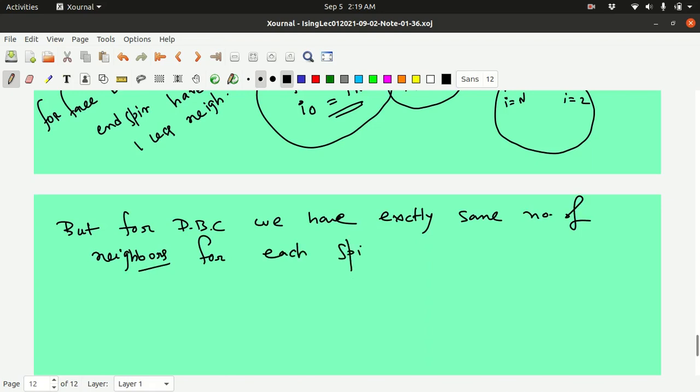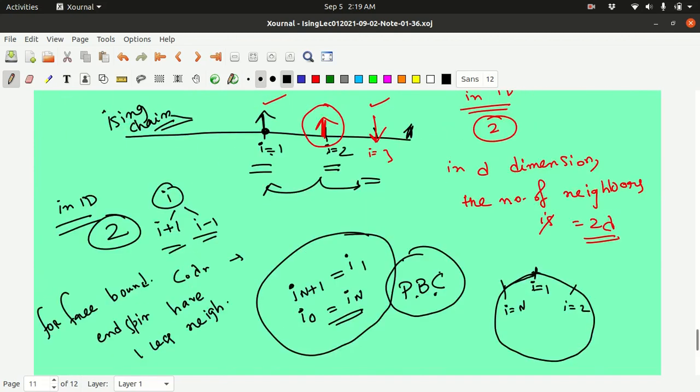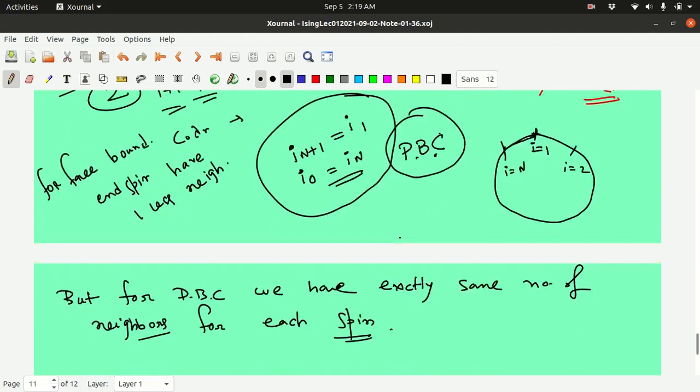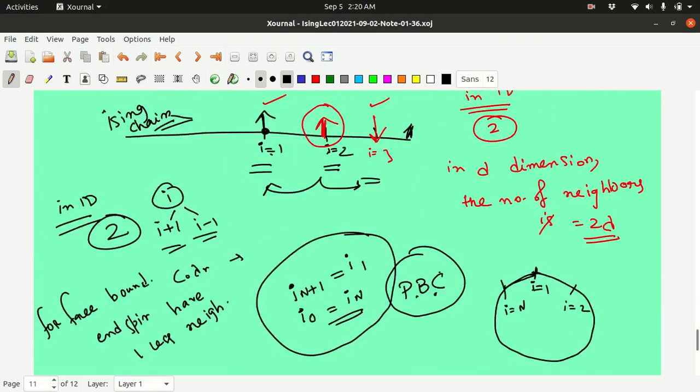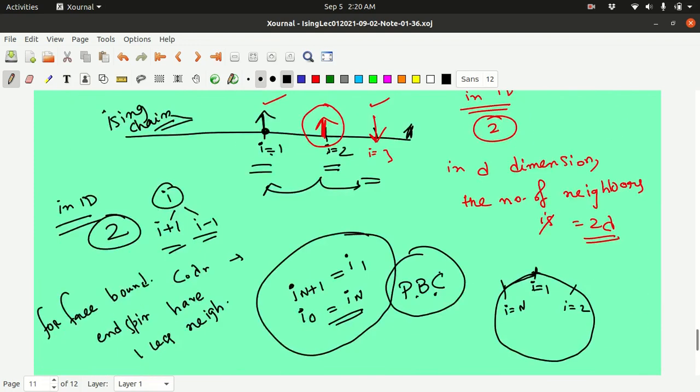So that is basically the difference. You have the same number of neighbors for all the spins in periodic boundary condition. So this is the one dimensional picture, and it is also called the Ising spin.